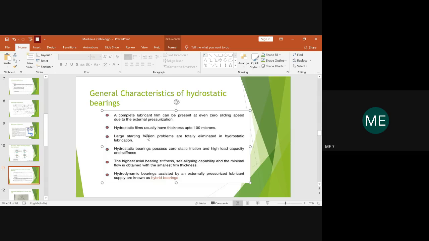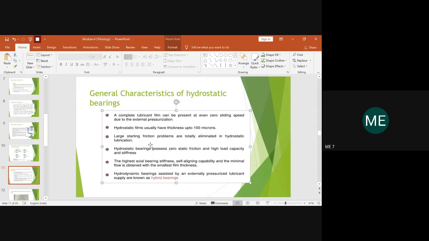And second, whenever you use hydrostatic lubrication, a large amount of frictional problems are totally eliminated, because in the beginning I told you that hydrostatic bearings are used to overcome the drawbacks of hydrodynamic. Mainly, it has very low frictional values, so the frictional problems are totally eliminated.